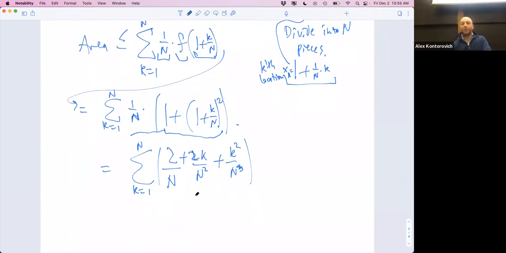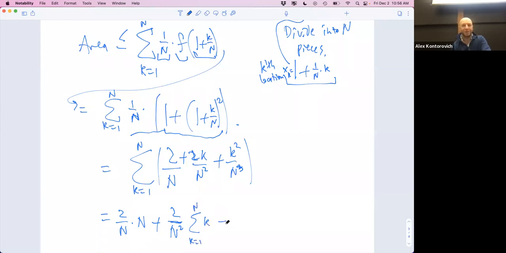All right. So we're going to add 2 over n. How many times are we going to add 2 over n? Yeah, it's just a constant. We're going to add it n times. So that's 2 over n times n. Then I have this factor of 2 over n squared, which does not depend on k, does not change as k changes. And then I have a sum of k as k goes from 1 to n.